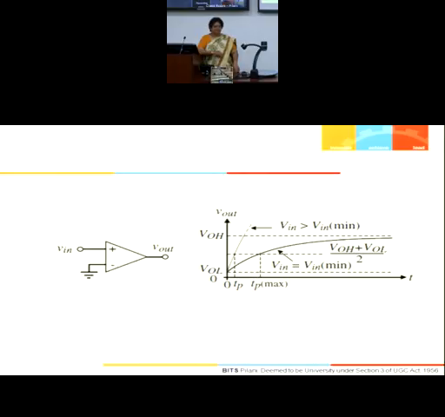So the closer the input is to your Vin min, the longer it will take to decide. That is what is shown here with this diagram. When Vin is closer to Vin min, the time taken by the circuitry to come to a decision, that is charging towards high, is long. Clear?